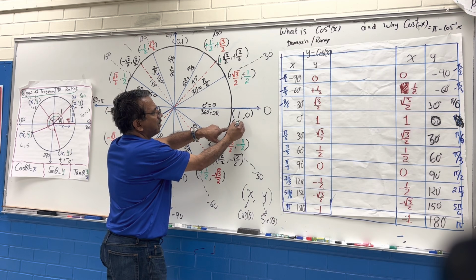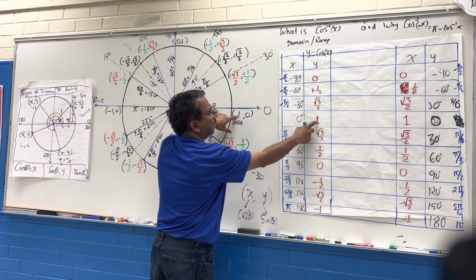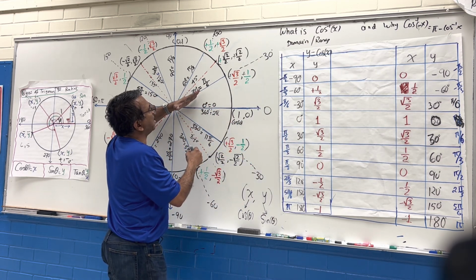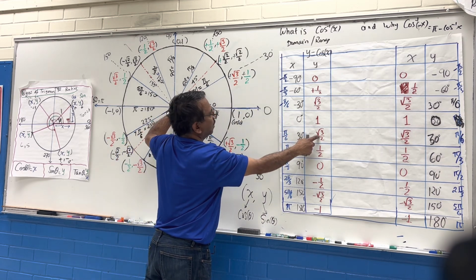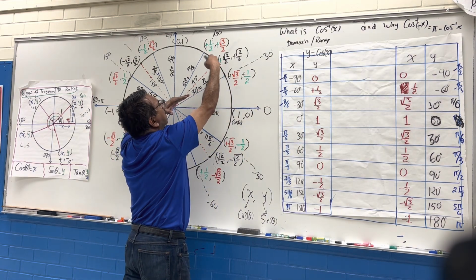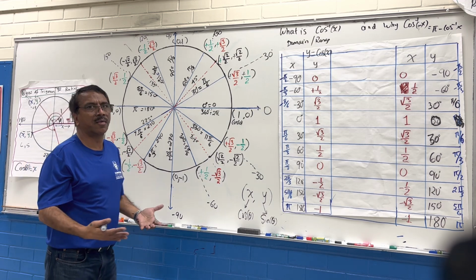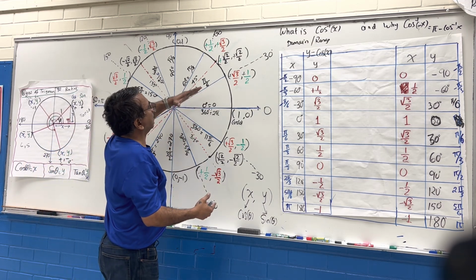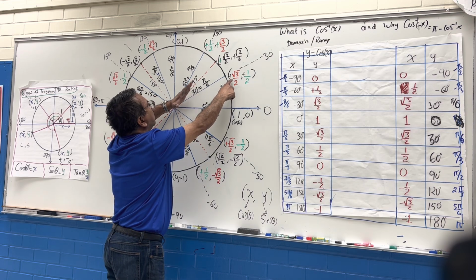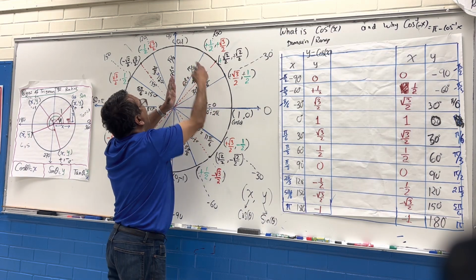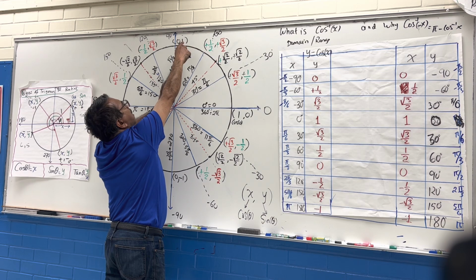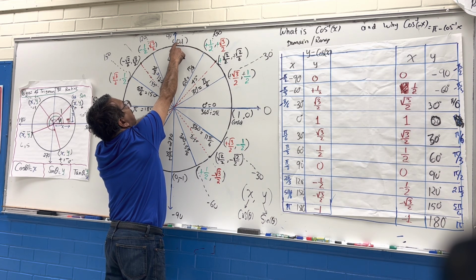Cosine of 0 is 1. Then cosine of 30 is root 3 by 2. For any point, the x coordinate is always the cosine of the angle. So cosine of 30 is root 3 by 2, cosine of 60 is half, and cosine of 90 is 0.